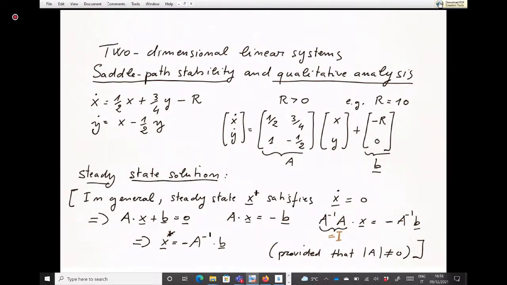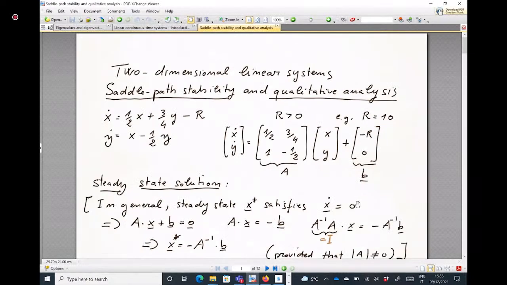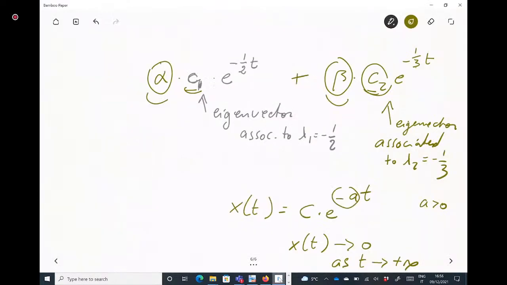steady state solution, but what I mean is that if I have a general system written in matrix notation, for instance, x dot vector equal to Ax plus b. Remember that everything can be written in matrix form, okay?